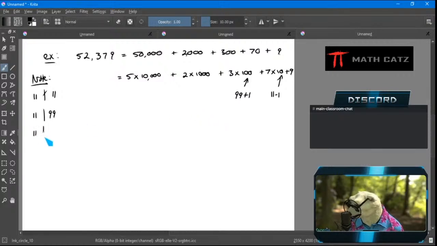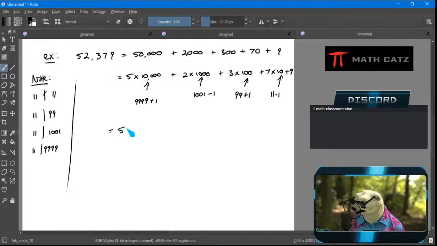When it comes to the 1000, 11 doesn't like 999, unfortunately. But it does like 1001. So for this one, I'm going to go 1001 minus 1. And for 10,000, I realize that 11 likes 9,999, so I can go that plus 1.